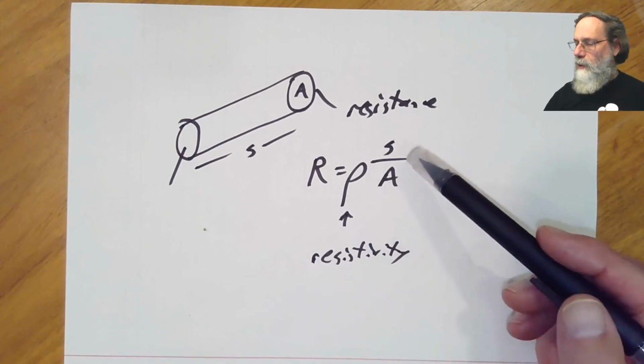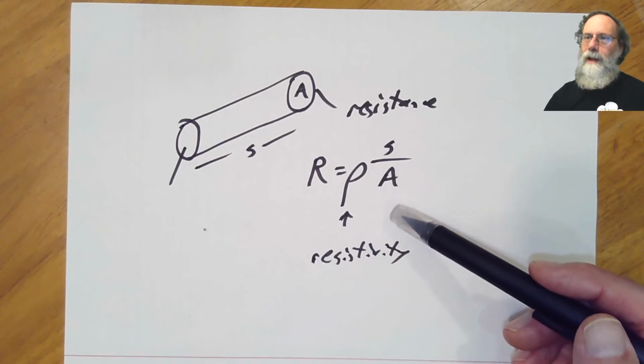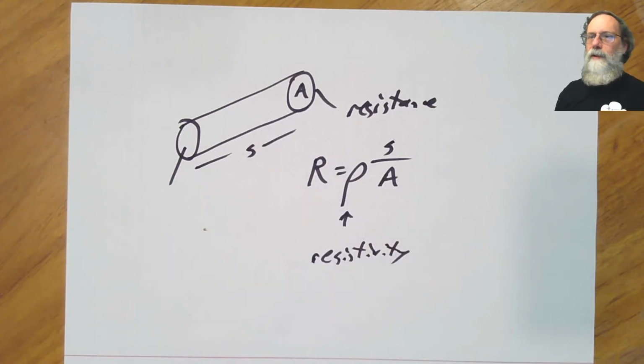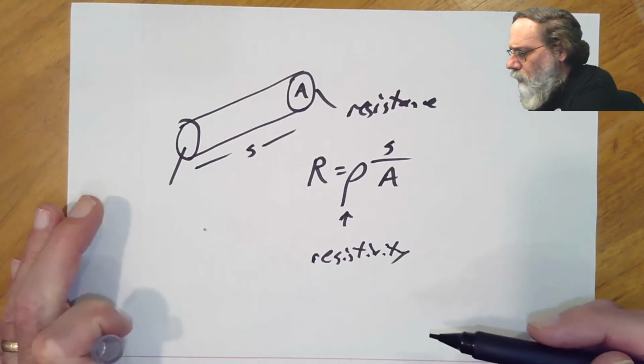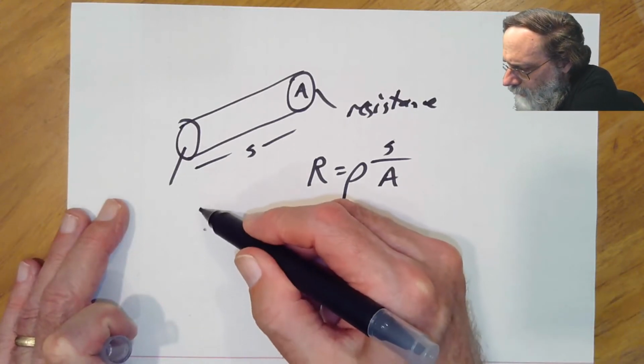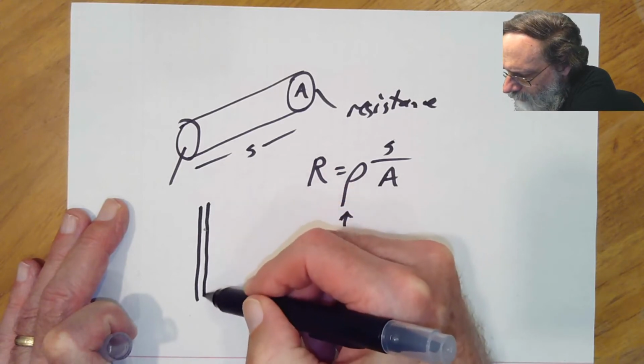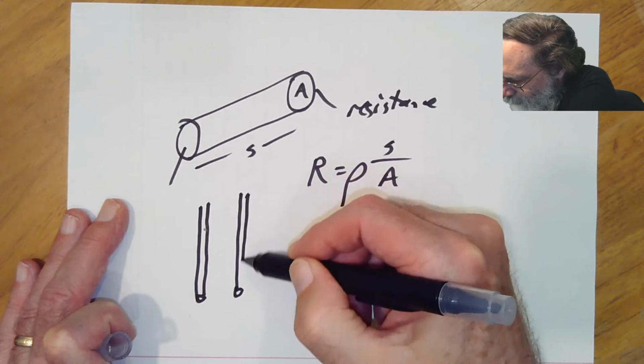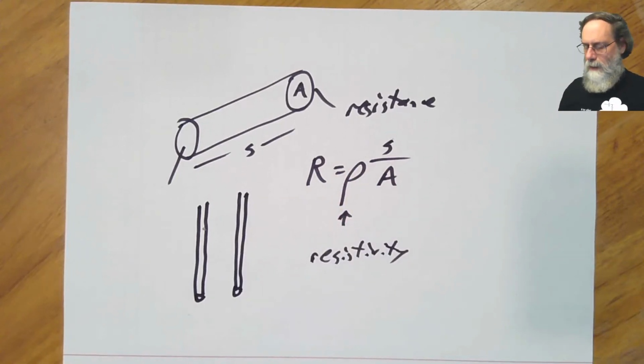And it's not just going to be separation over area, because it's not this simple cylindrical object. In particular, the ones that we're going to be using in our lab is a pair of skinny cylinders some distance apart.